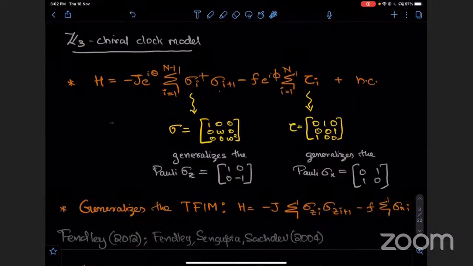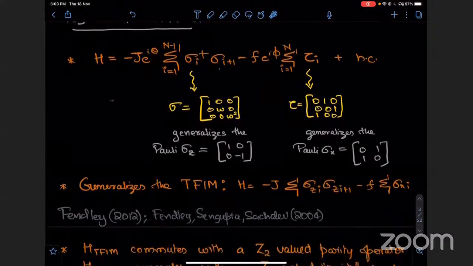The diagonal operator in the spin, which represents something like the magnetization sigma z, is the sigma operator, which is diagonal in a three-dimensional local Hilbert space. It has diagonal entries 1, omega and omega squared, where omega is the cube root of unity. And tau here is a cyclic permutation matrix.